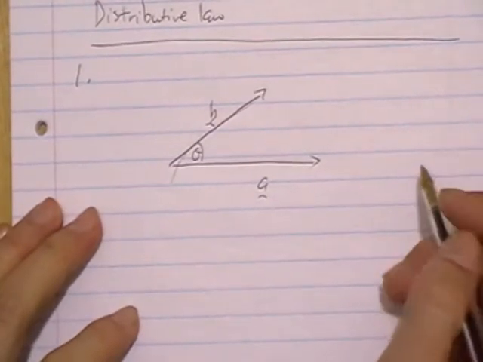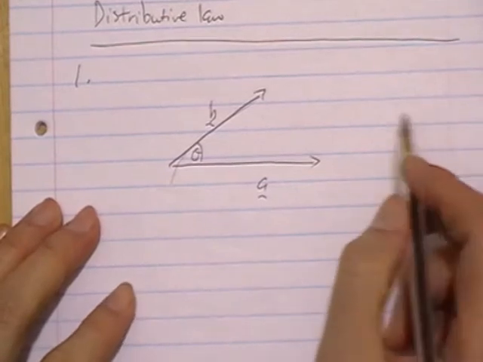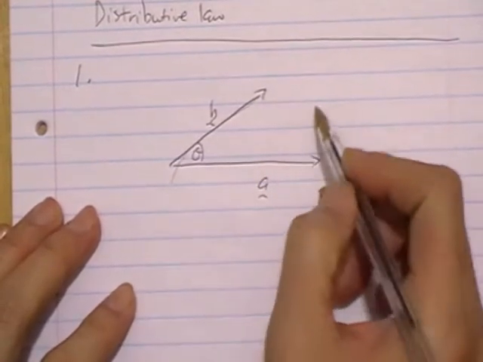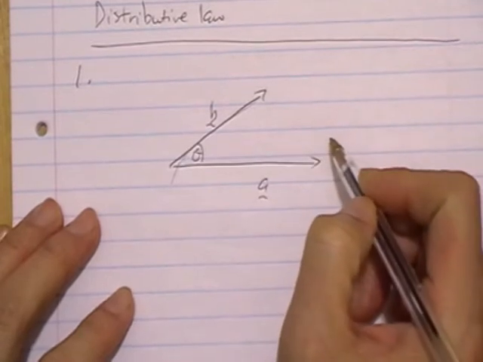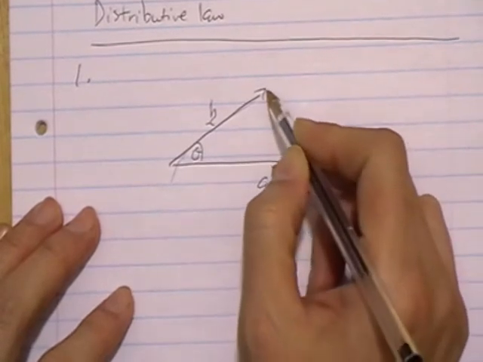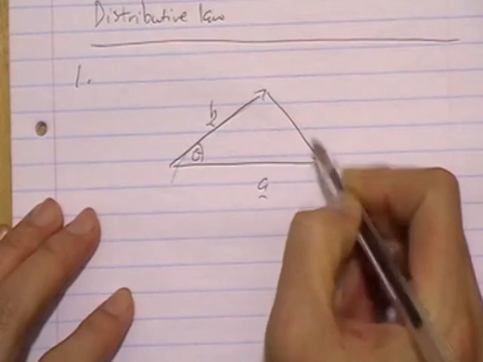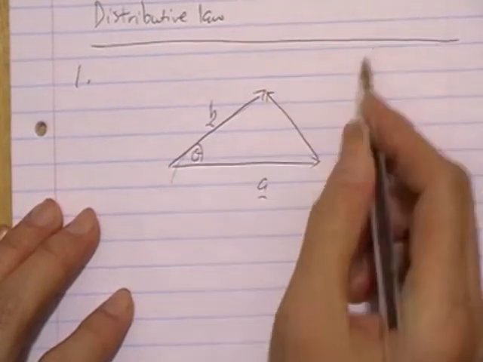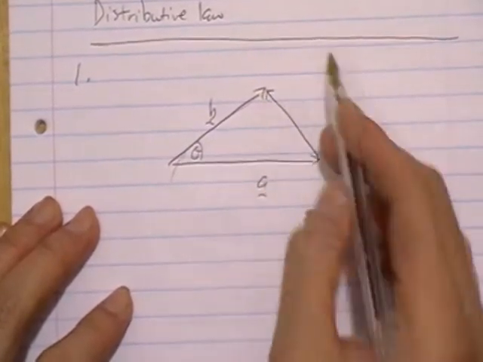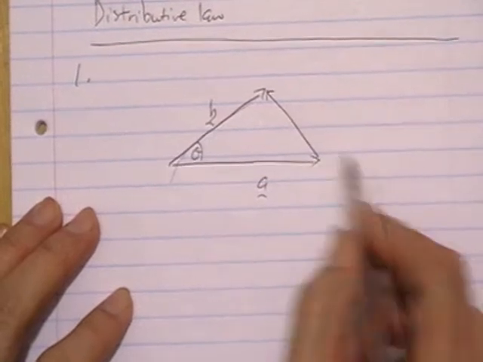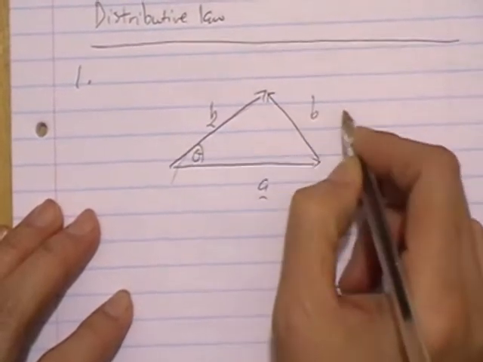One way to prove it is to consider this vector. This vector is the vector B minus the vector A.